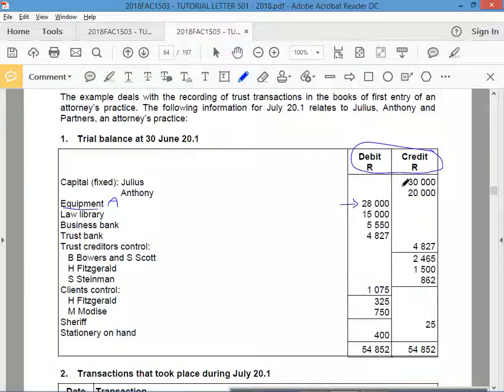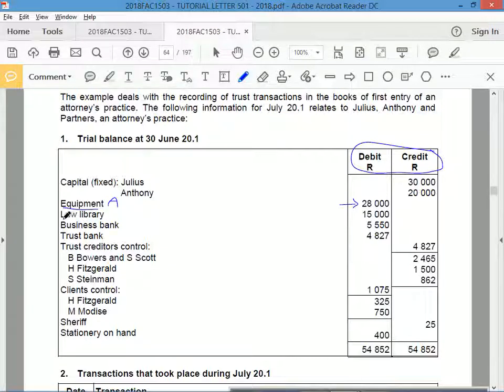They don't have to give you debit and credit. This is an easy question because they've given you the debits and credits, so you kind of know what it is by process of elimination. But they can just give you one column with amounts and one column with accounts. Your job is to know what you're dealing with.